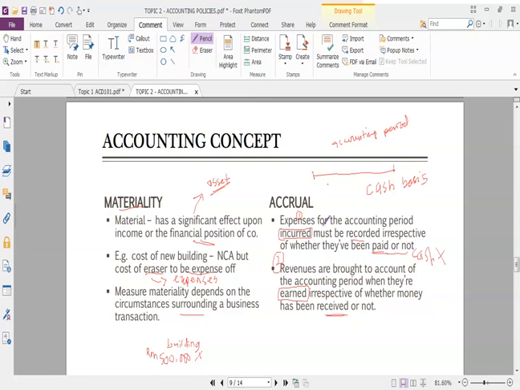Even though the expenses incurred are not paid by us, we should already record them in the financial statement. Same goes for revenues.